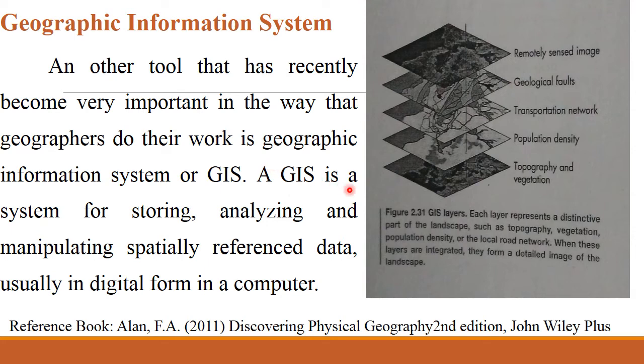This is a system which stores, analyzes, and then manipulates. Spatially referenced means referenced to spatial areas. This picture shows how a GIS system gets the information, then stores, analyzes, and manipulates it.